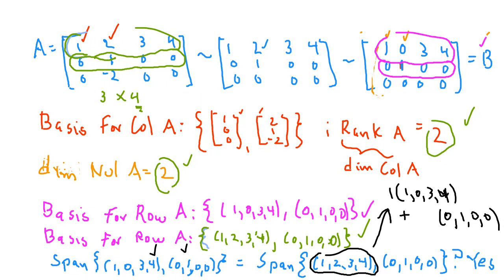So the vector 1, 2, 3, 4 equals 1 times 1, 0, 3, 4 plus what number times 0, 1, 0, 0? What's going to have to go here?